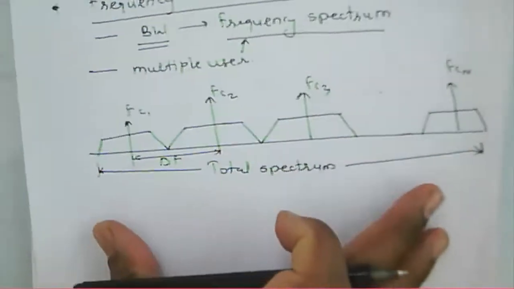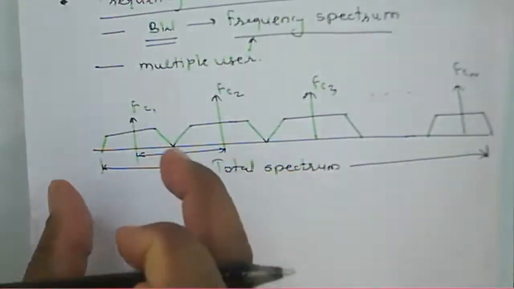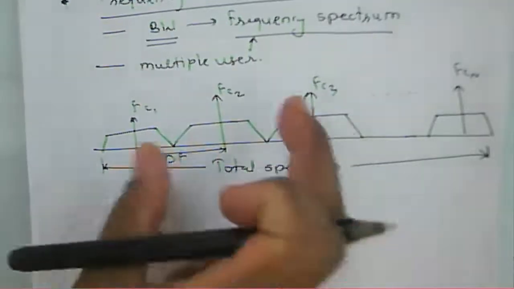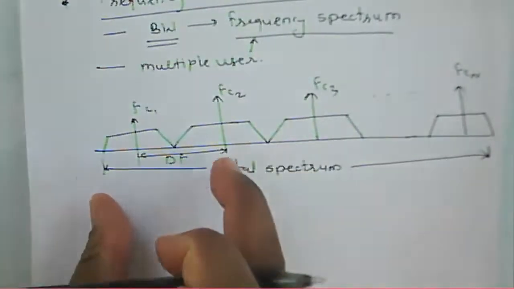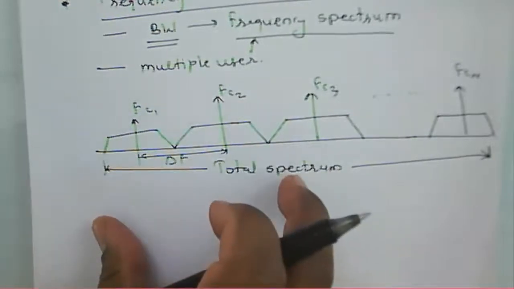Generally we say that carriers are separated with the same equal bandwidth, but it is not necessary that the carriers are separated with equal bandwidth.